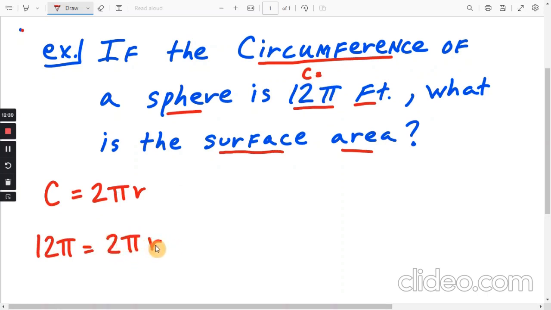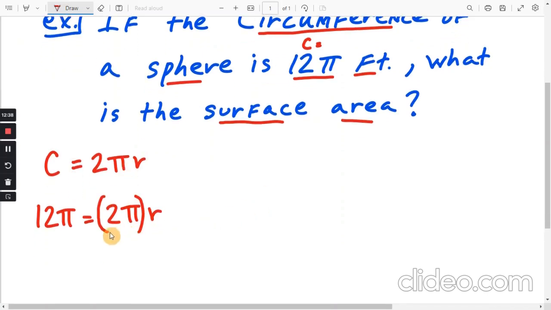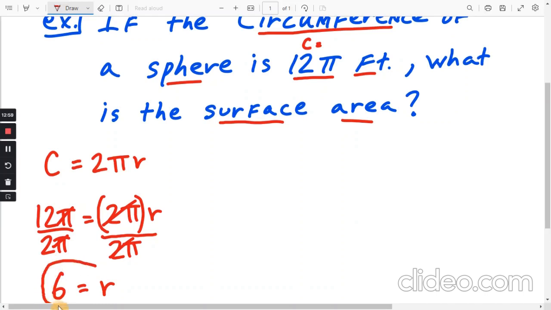Okay, again, like we said before, these numbers are all multiplied, so this is basically r times 2 pi. The opposite of times 2 pi is divided by 2 pi, so you want to do that to both sides. 2 pi over 2 pi cancels. Pi over pi cancels, and 12 divided by 2 is just 6. So the radius is 6. All right, that's in feet, but we'll leave it as is for now.